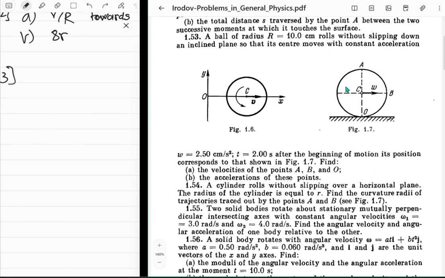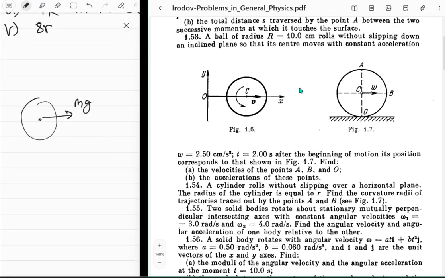So first of all, the main thing I want to find out is what velocity it will actually gain after 2 seconds. Think about it: you've got g sine theta acceleration, so the force would be mg sine theta, about this axis, which is going up and out of the plane.